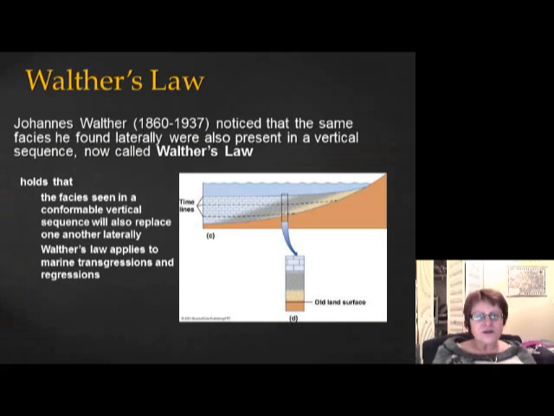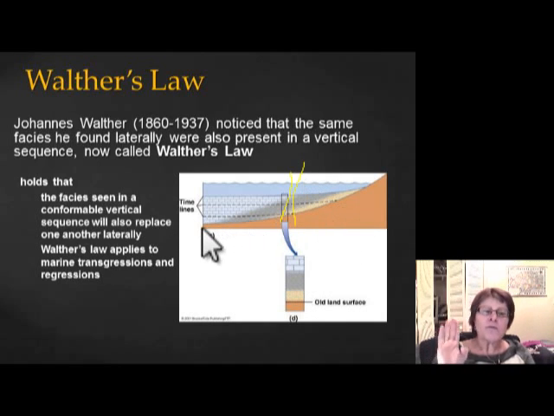Walther's law is about this guy Johannes Walther, who figured out that instead of geologists walking the whole distance where the sedimentary basin used to be, to learn all the sedimentary facies, what kind of rocks formed in that whole environment, you can see the different facies next to each other, but also if you drill a borehole, that shows every sediment through time which occurs next to each other.